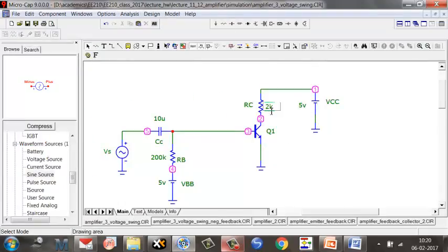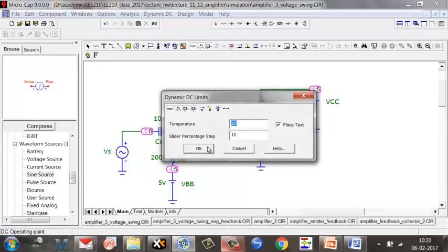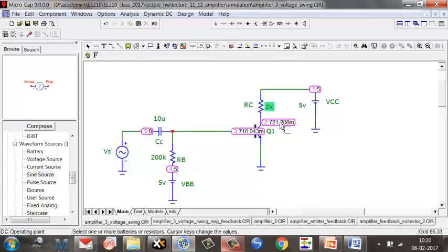Okay, so let me come out of this for a moment and run my dynamic DC again. The value of this particular node is 0.721. So let me change it to say 1.16. How do I know? Because I've run the simulation before. So 1.16 is the answer.